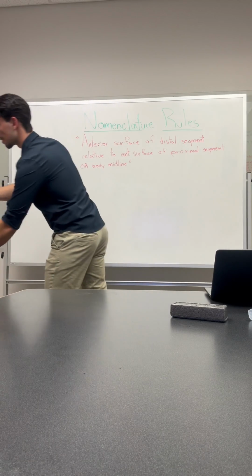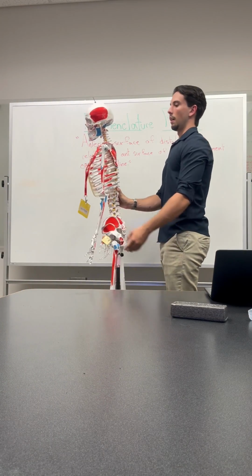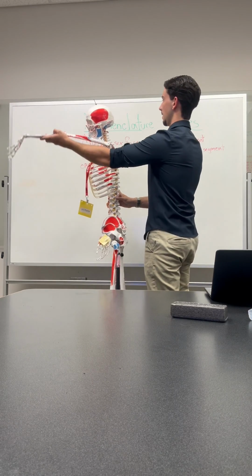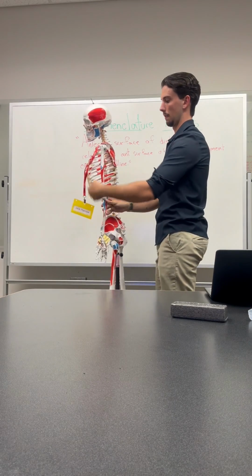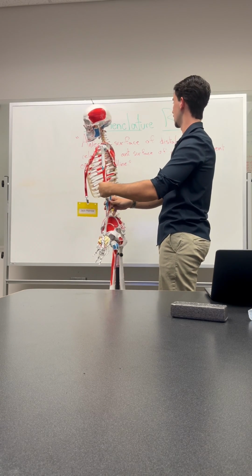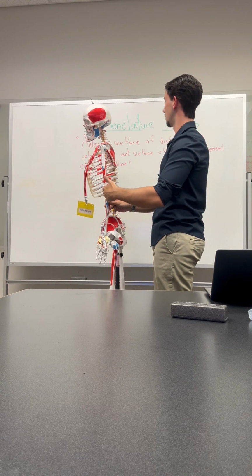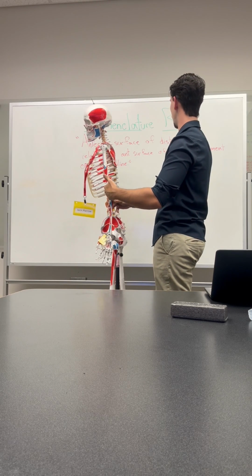But let's just clear this up so we have the rules down for this example. In GH flexion, we're looking at the anterior surface of the humerus, which is the distal segment, relative to the anterior surface of proximal segment.